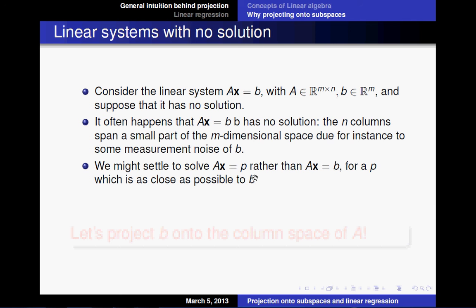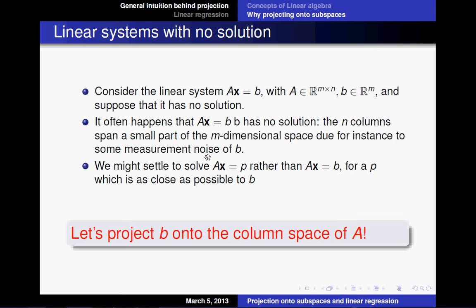But we know that this idea of closeness, of proximity, is exactly what is captured by the projection. We want to find the projection of b in the column space of A. We know that if the system Ax equal b has no solution, it means that b is not in the column space of A. So let's find a projection of b in the column space of A. This will be our result.